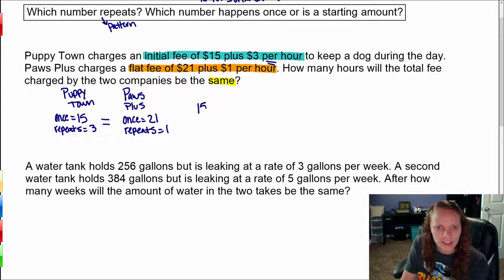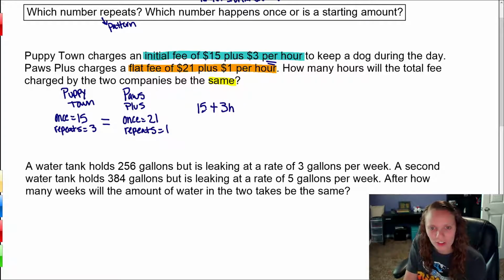So $15 plus $3. And now remember, the repeating number, the pattern, the number that repeats over and over has to have a variable with it. I'm going to use the letter H. We don't know how many hours it's staying there.